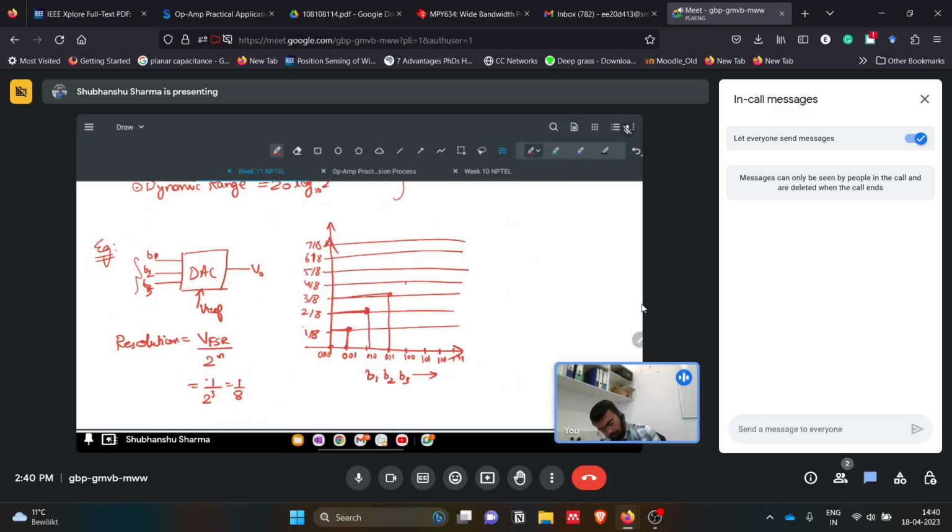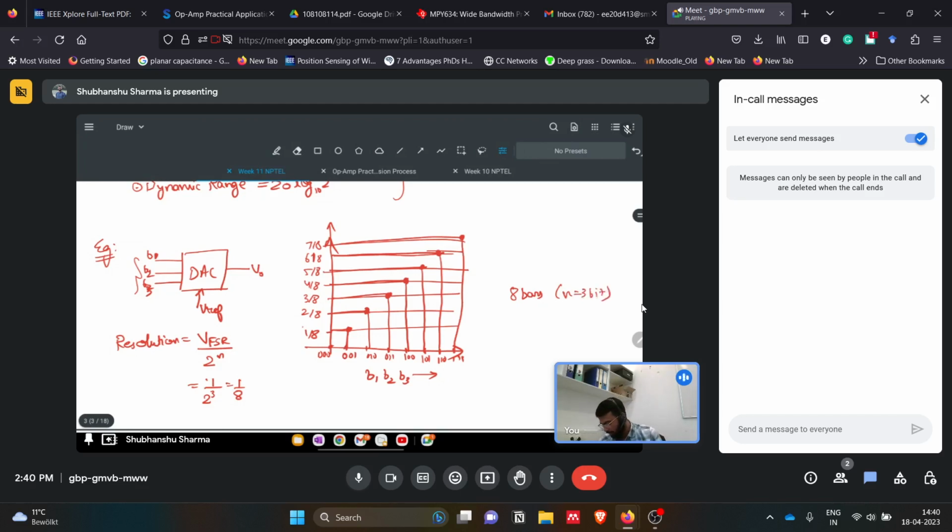For 1 0 0, this one. For 1 0 1, it is this. Oh, sorry. For 1 1 0, and for 1 1 1, the last, we got this. So we have 8 bars for n equals 3 bits.